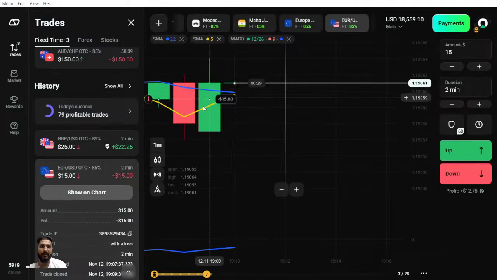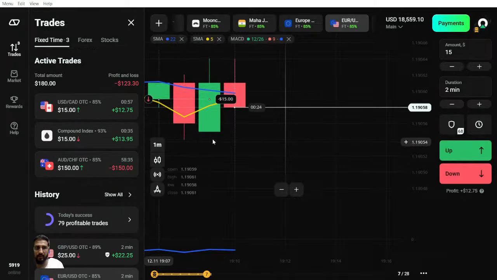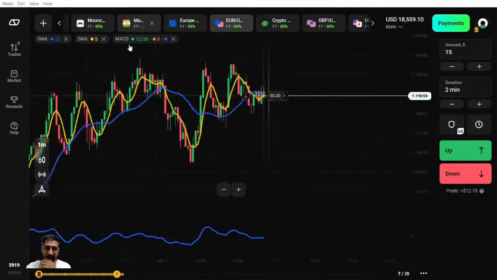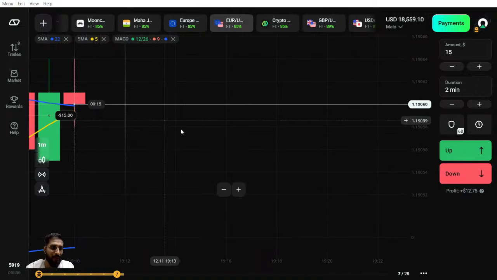SMAs are trying to intersect each other, and at the same time MACD is also moving towards the zero level. Two more trades are already in the pipeline. Let's see how they end up, and we will stick to this asset so that we do not miss this opportunity.